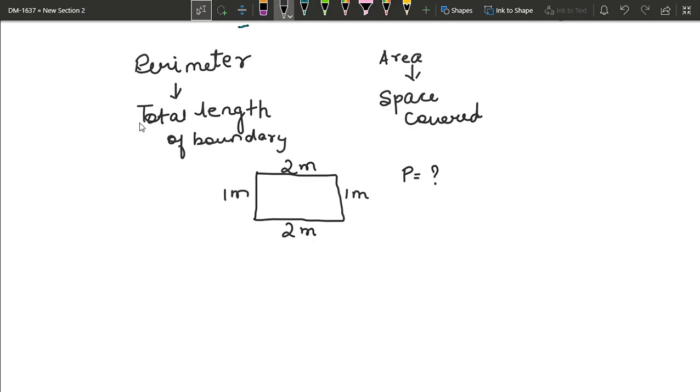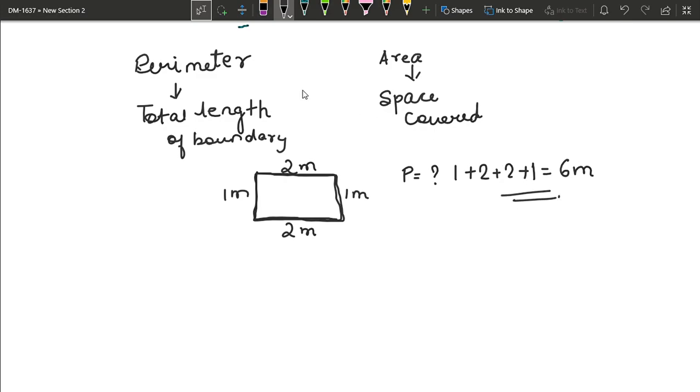Perimeter, as I said, is the length of the boundary, or you can say the distance. So the length of the boundary is 1 meter plus 2 meter plus 1 meter plus 2 meter. So perimeter is 1 plus 2 plus 2 plus 1, that is 2, 3, 4, 5, 6. So 6 meter is my perimeter.